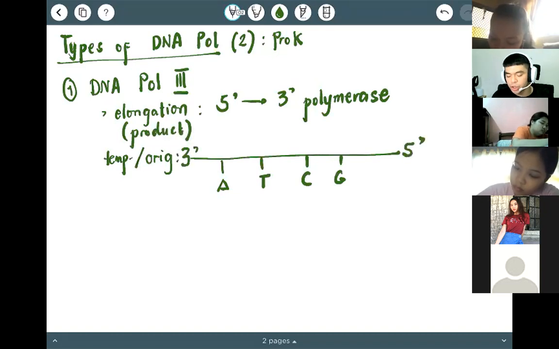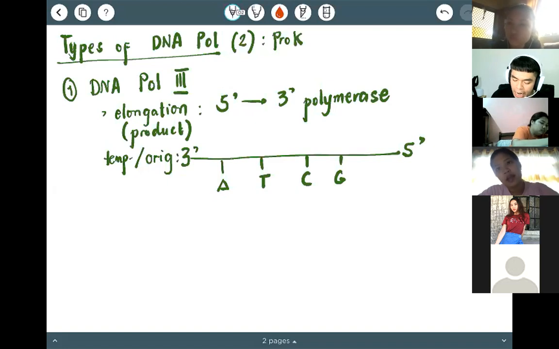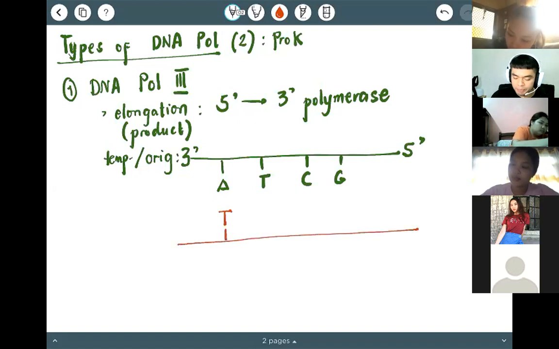Kaya ang DNA polymerase 3, ang gagawin niyang strand, that is T muna, and then A, and then G, and then C. Okay?